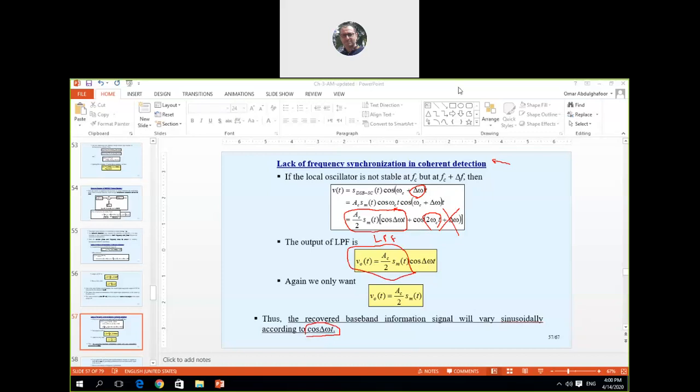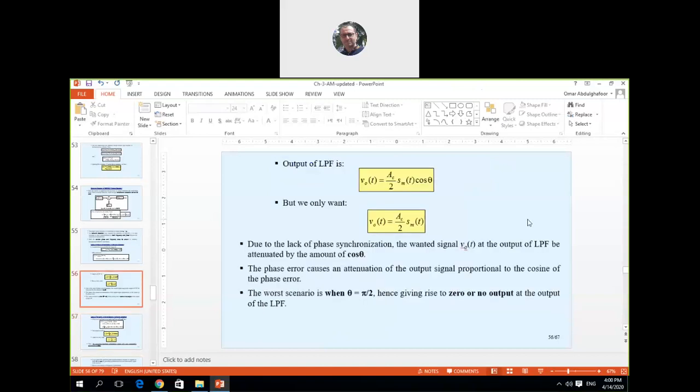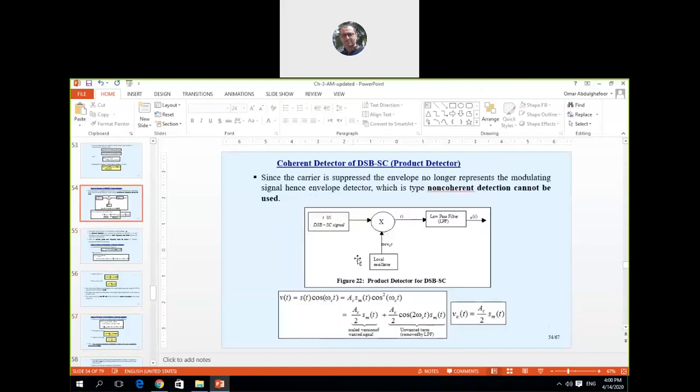All these problems happen when we have coherent detection, or demodulation, or recovering the original signal. This is the block diagram. We have to use a special local oscillator to make sure that both transmitter and receiver are synchronized at both frequency and phase.